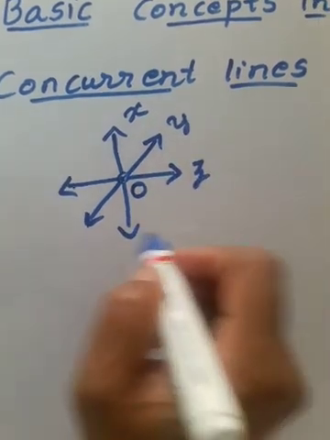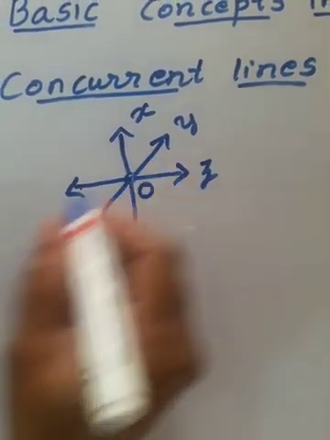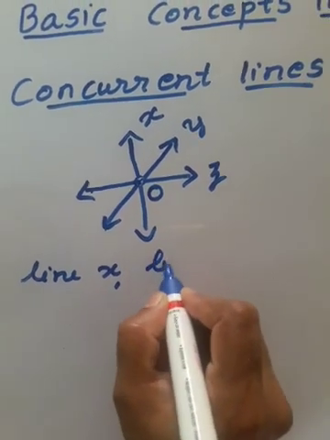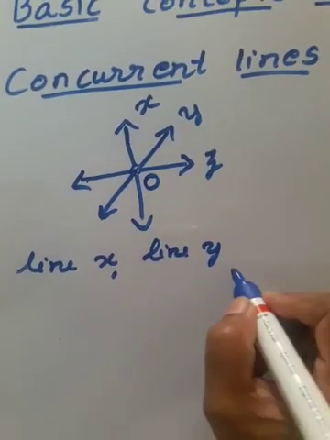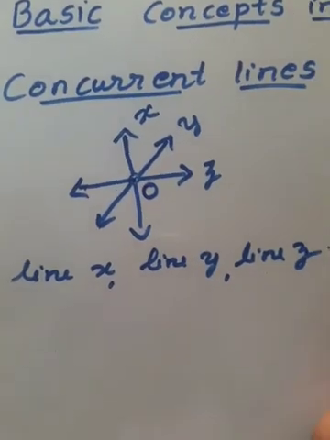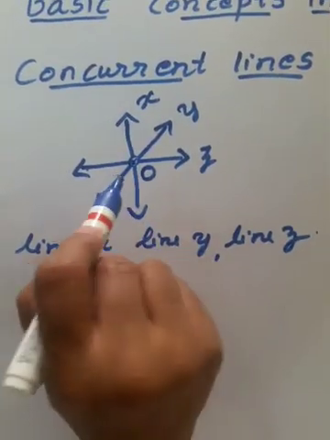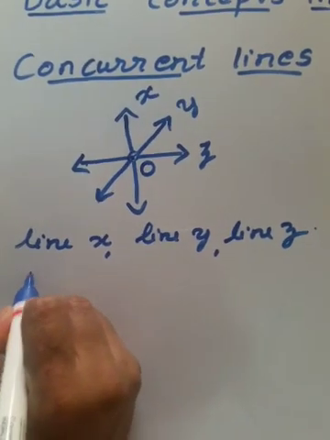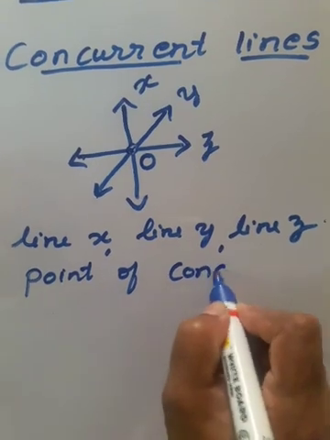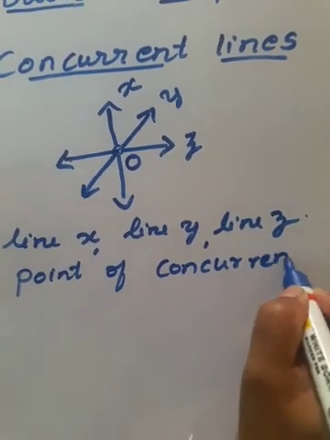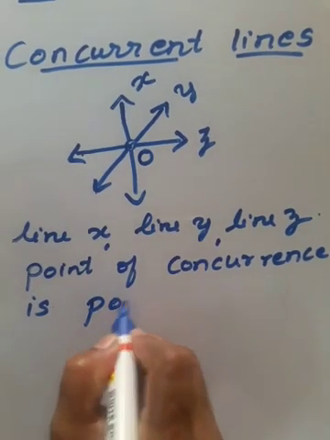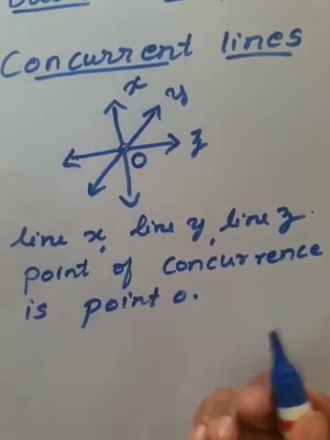So which are the concurrent lines here? Concurrent lines are line X, line Y and line Z, and the point of concurrence is point O. Understood students?